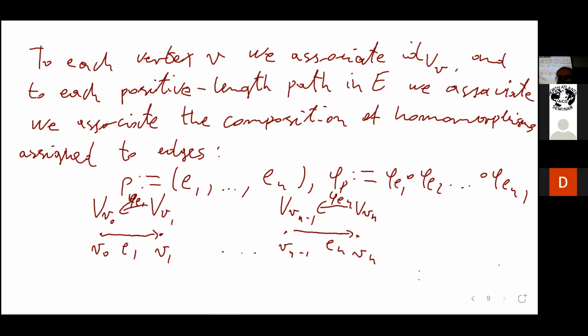So having said all of this, I can now define the induced representation of my path algebra, but first let me remind you the definition of a representation of an algebra.